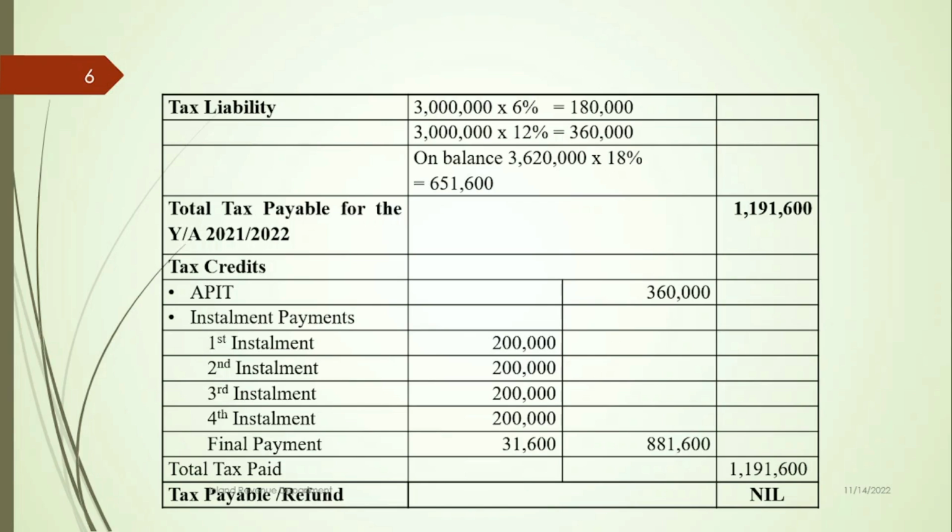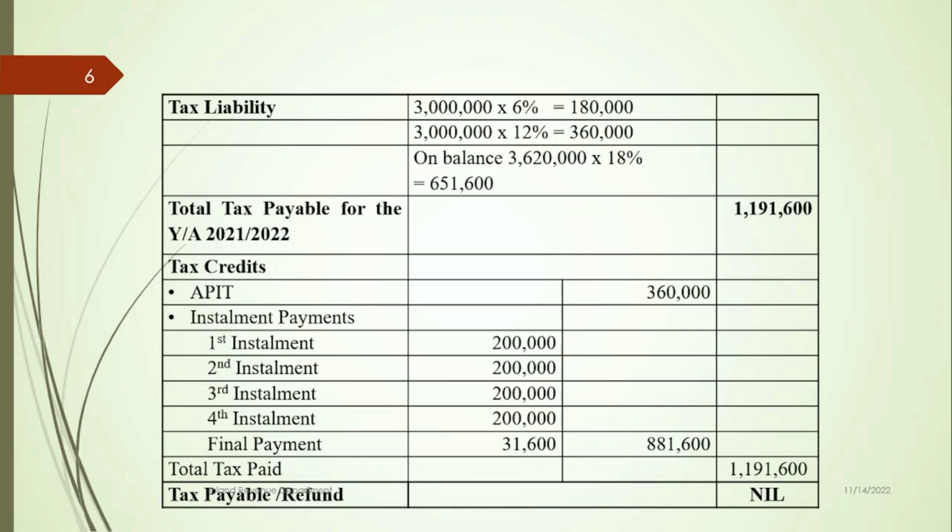Total payable tax for the year of assessment 2021-22 is 1,191,600. Let's see the tax credits available to her. She has given consent to deduct APIT by her employer. Therefore, the employer has deducted 360,000. She is entitled to deduct that tax credit from the payable tax.